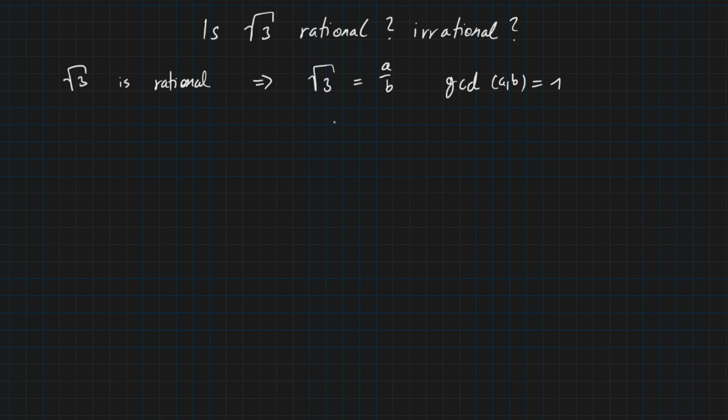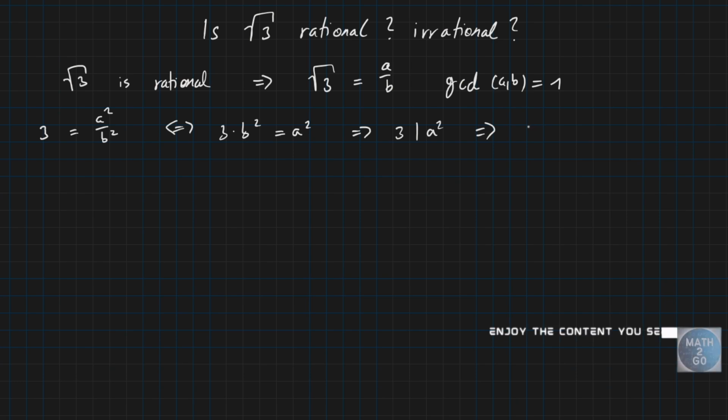So this means we can also write it as 3 equals a squared over b squared, and this is equivalent to 3 times b squared equals a squared. And from this it follows that 3 divides a squared. And because 3 is a prime, from this it follows immediately that 3 also divides a.